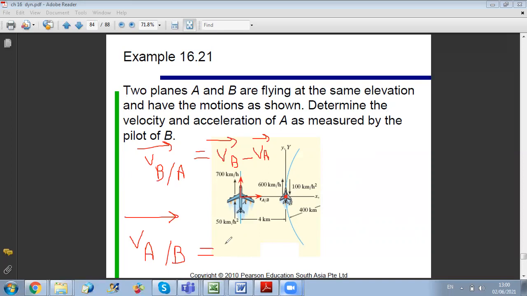It will not translate. So I cannot use VA minus VB for the relative velocity. I should use the updated formulation, which we studied in this chapter, for the case of a rotating frame. The formula will be as follows.